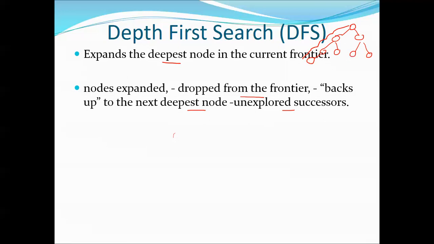The last one is the leaf node. It checks whether this is a goal state or not. This is not a goal state. Now when it expands this, it understands that this node does not have any child. Once after reaching a leaf node, if that leaf node does not have any further child node, and this is not the goal state, then this will be removed from the memory because it is no longer required.